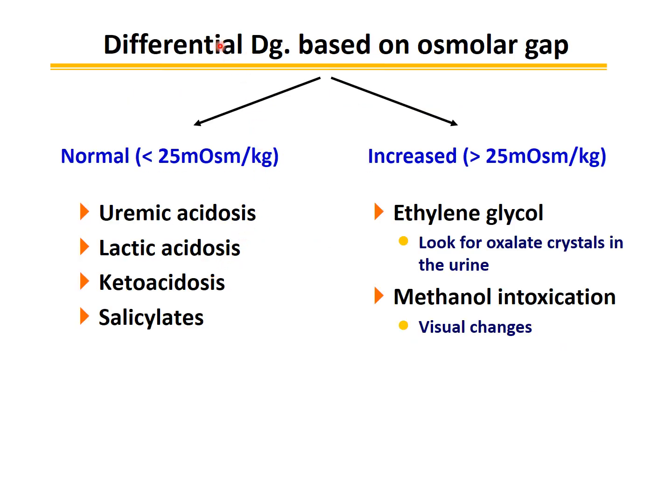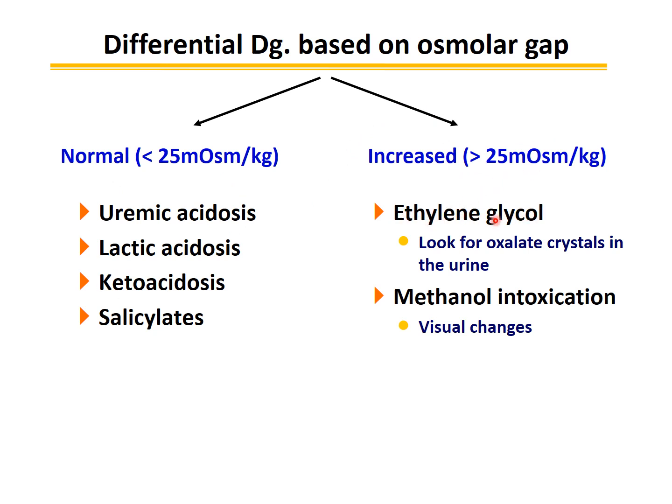Now, another thing: how can we use this osmotic gap to differentiate the cause? If you have a low osmotic gap, mostly this is due to uremic acidosis, lactic acidosis, ketoacidosis, and salicylate. But I could say that mostly these are the internal causes. However, when you have a highly increased osmotic gap, these are the external sources.